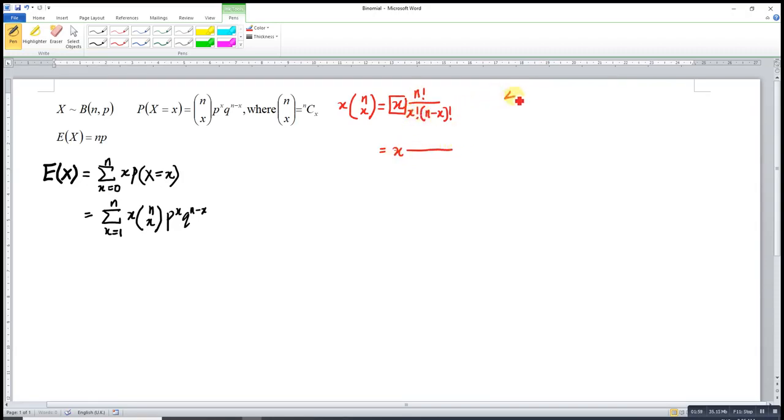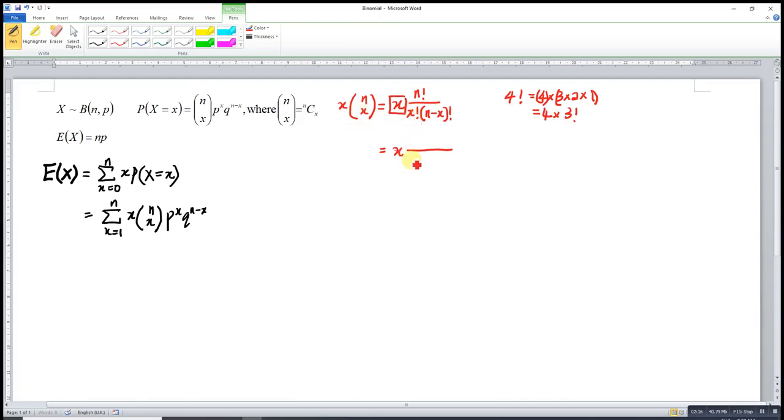So if, let's say, I have 4 factorial, basically it is 4 times 3 times 2 times 1, which is 4 times 3 factorial.